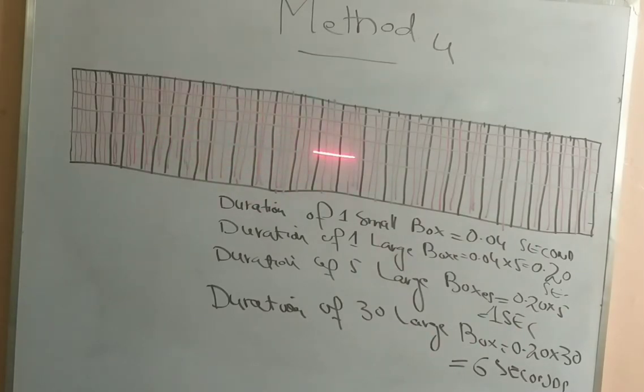On that rhythm lead, first of all, we identify a duration of 30 large boxes or a duration of 6 seconds. Then we count the number of R waves in those 6 seconds or the 30 large boxes, and we multiply that number of the R waves with 10.